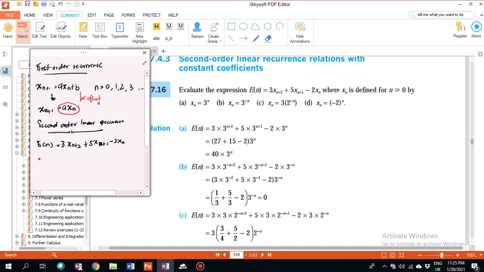If your x_n equals 3^n, we can put everything in terms of x_n.